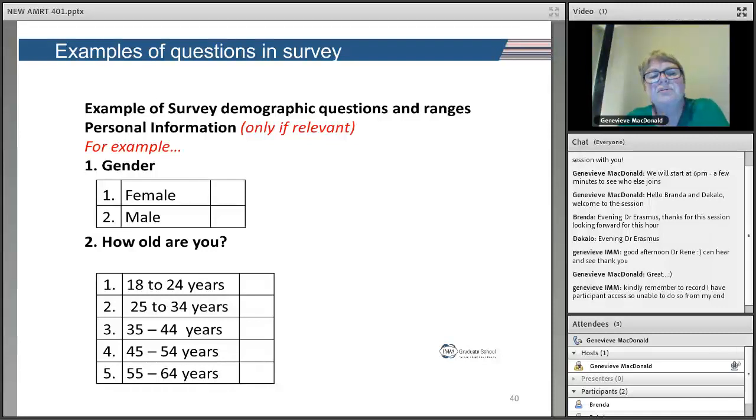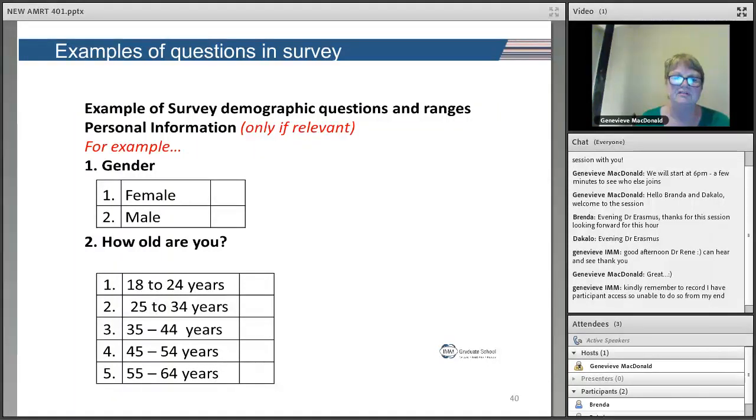Okay, just examples of questions in the survey. For instance, this is demographic. Put it neatly in a table that is very easy to just make a cross in. Don't scatter it all over. If you open a survey and it's 20 pages long, just because a person did not really neatly structure the questions, I just close that survey.